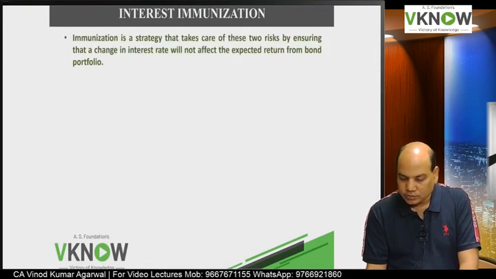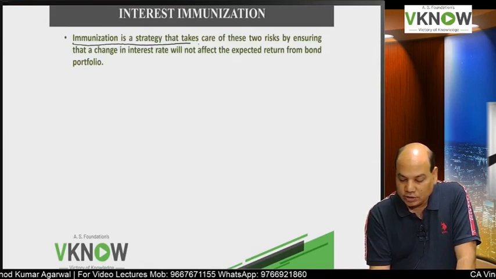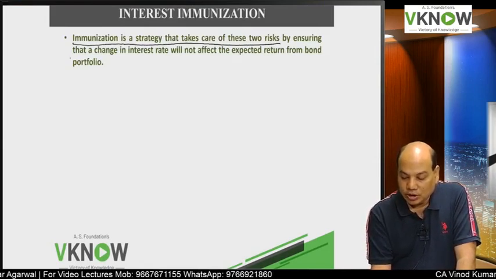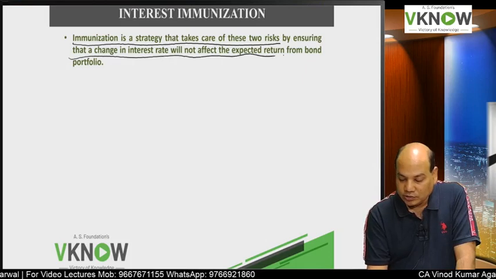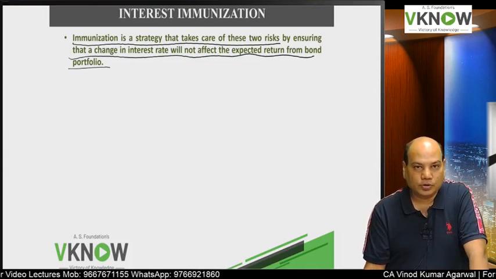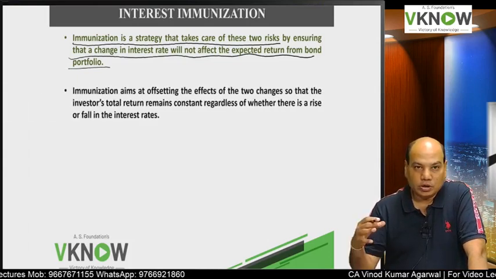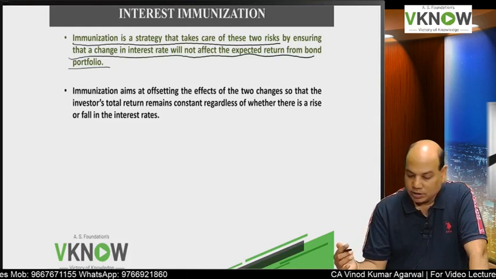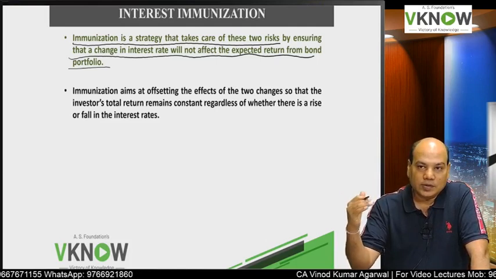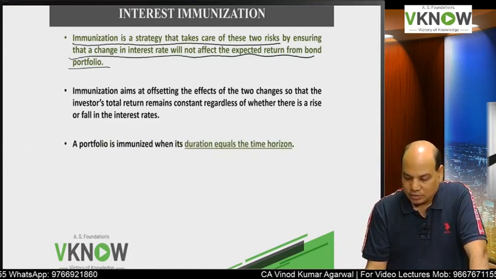Now, immunization is a strategy that takes care of these two risks by ensuring that a change in interest rate will not affect the expected return from the bond portfolio. So what we are going to do is ensure that the loss in one is compensated by the gain in the other. So irrespective of whether the interest rate falls or rises, we will get our desired return.